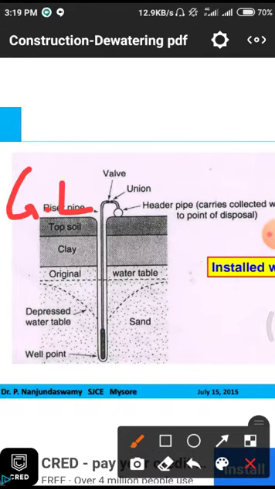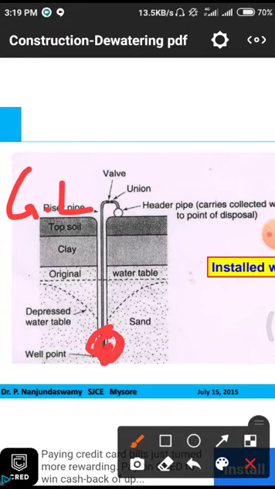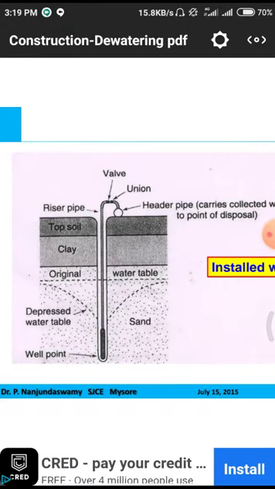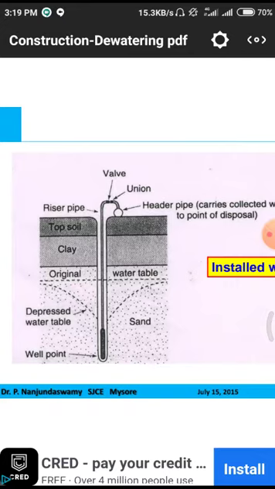Topsoil and clay soil don't have the water table, so by using this well and other pumps, the header pump having these pressure gauges, all those are used to collect the water present in this particular sand or water table, so that the total water will be absorbed. Okay, this is the main point. It absorbs the water and it will flow from this pipe to this pressure pipe, the main pipe.